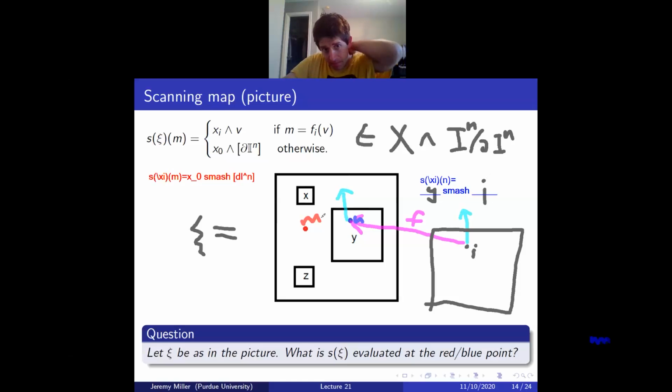Similarly, a cube vanishes if it's labeled by the base point, but that's fine. That's compatible with the map. So the upshot is this map is continuous. So we get a map of spaces. Any questions before I delete the pictures?